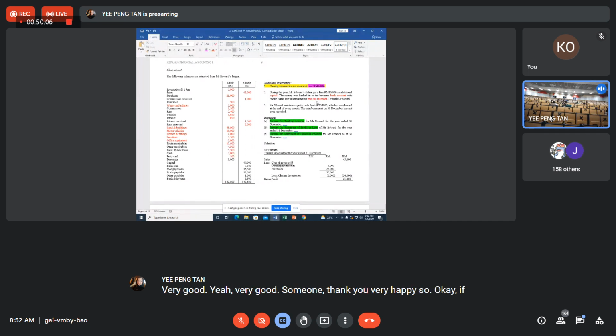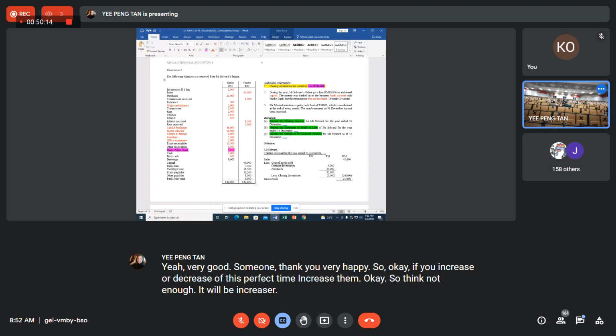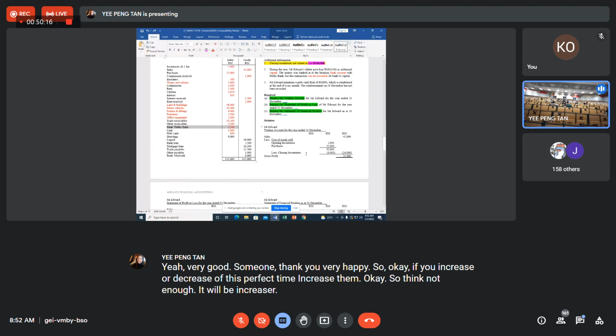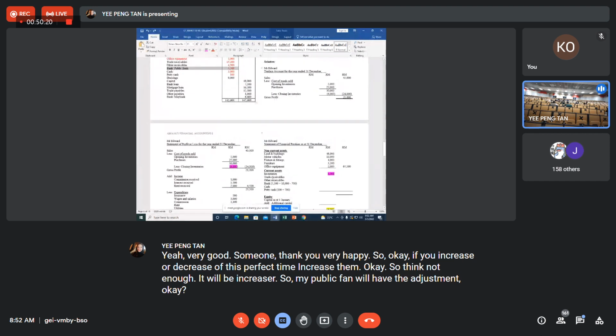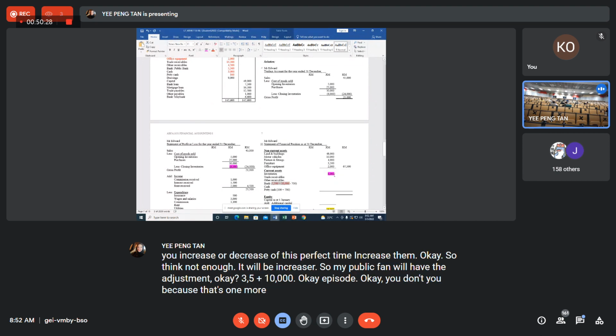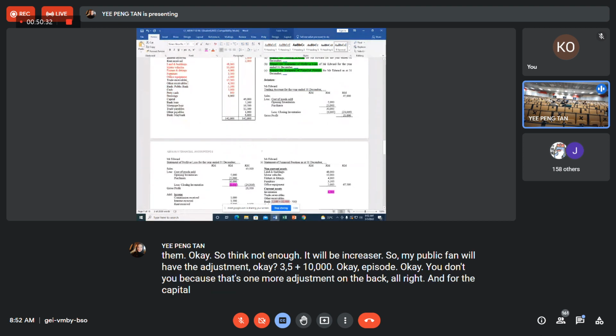Okay, if debit bank, my bank should increase or decrease? This public bank increases. So take note, it will increase. So for my public bank, you have the adjustment: 5,005 plus 10,000. You add first. And for the capital, I put bank here, I put adjustment here.